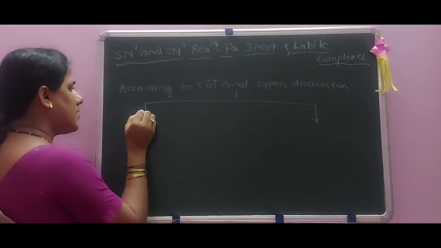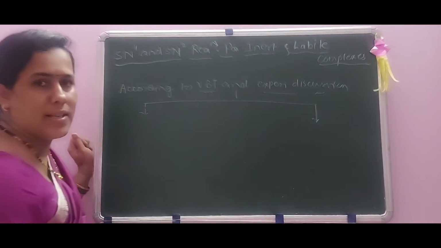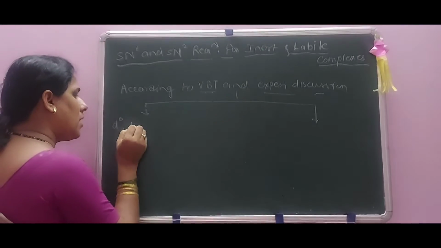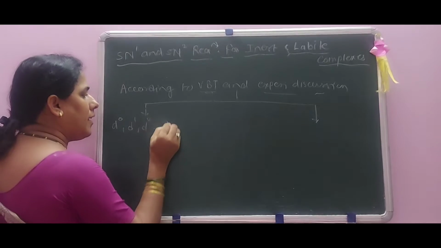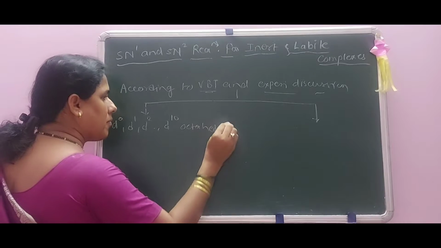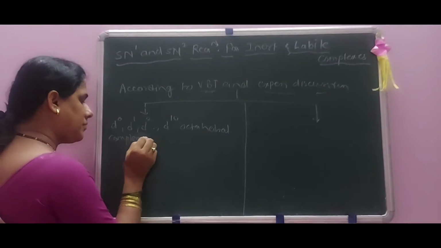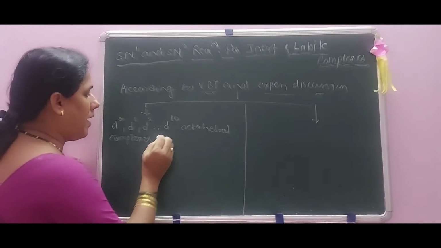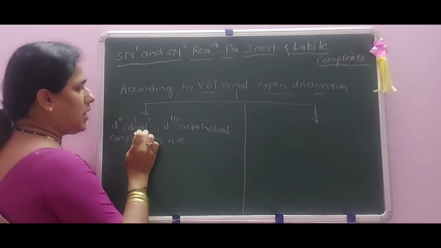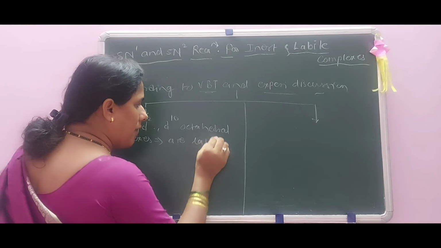According to VBT and the experimental discussions, the complexes of the type d0, d1, d2 and d10 octahedral complexes are labile. D0, d1, d2 and d10 octahedral complexes are labile ones.